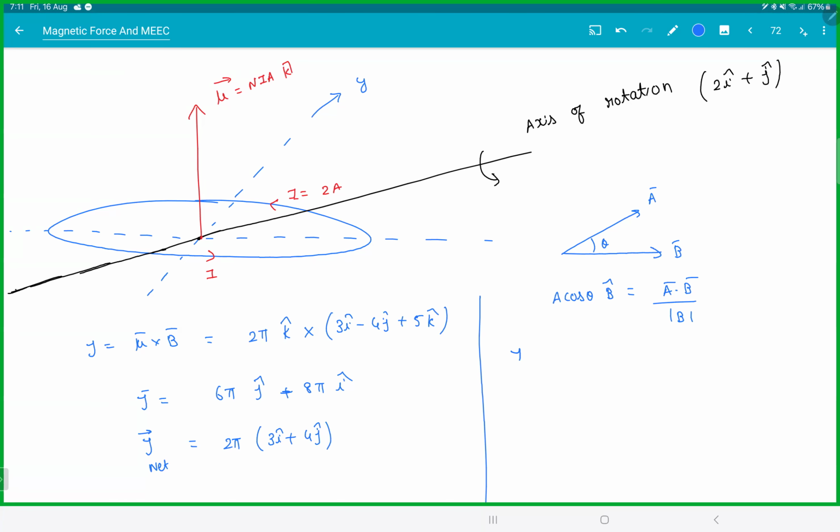So then you should take the component of torque along the axis of rotation.